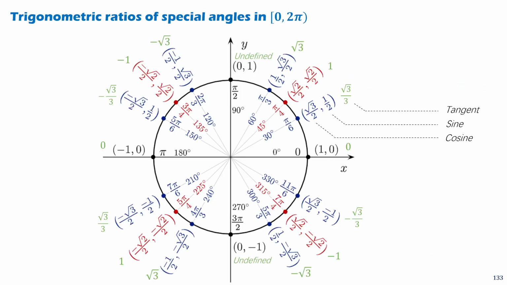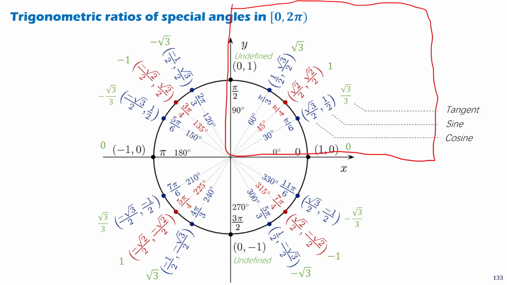And these are the trigonometric ratios of some special angles in the interval from 0 to 2 pi. Make sure you have a look at these angles. Actually, you don't have to memorize them using Google first, because we are already familiar with these angles in the first quadrant, right?